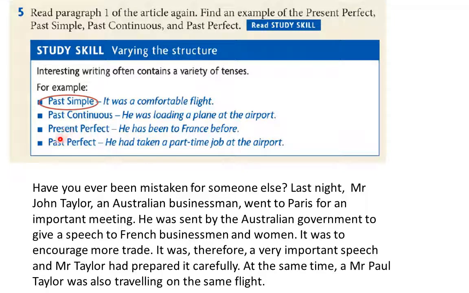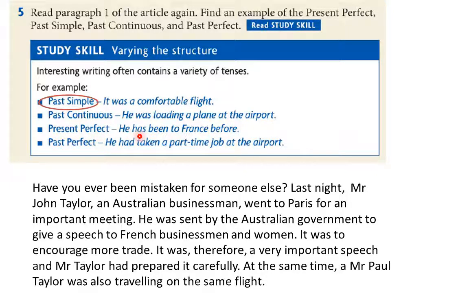Present perfect: He has been to France before. He has been: has plus the past participle of the verb. Been is the past participle of the verb is. He has or have plus the past participle of the verb refers to the present perfect.